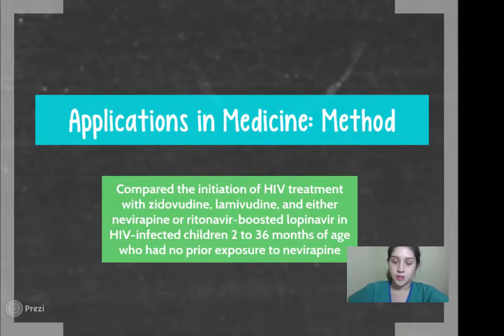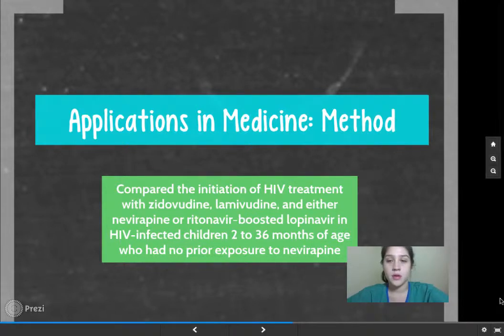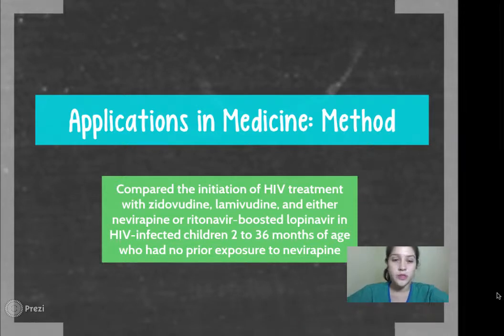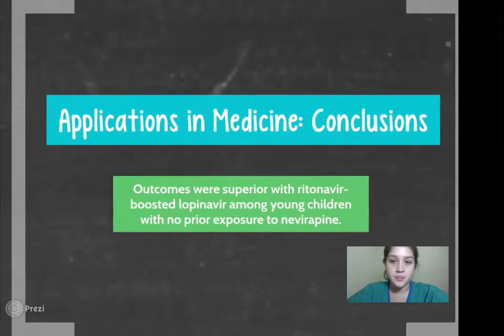So it refers specifically to the drug that we're talking about right now. So what this study was about is that they did a randomized study in which they compared the initiation of HIV treatment with this medication, lamivudine, a cytidine analog, and either nevirapine or ritonavir-boosted lopinavir in HIV-infected children from 2 months to 36 months of age, who had no prior exposure to nevirapine.